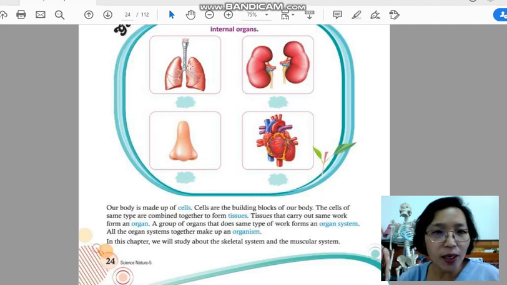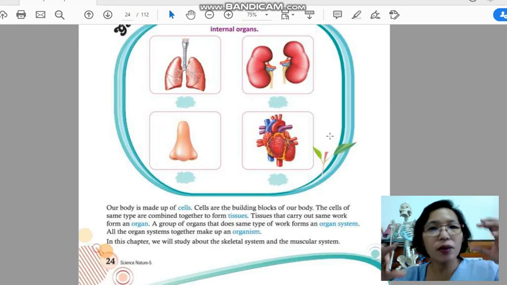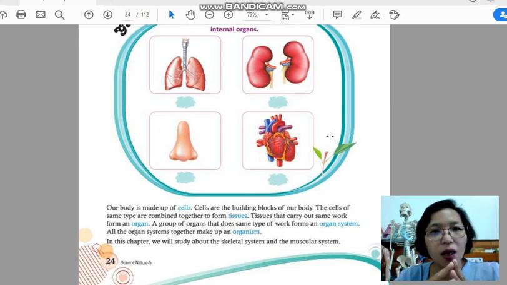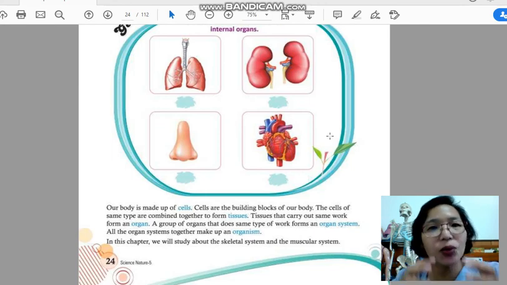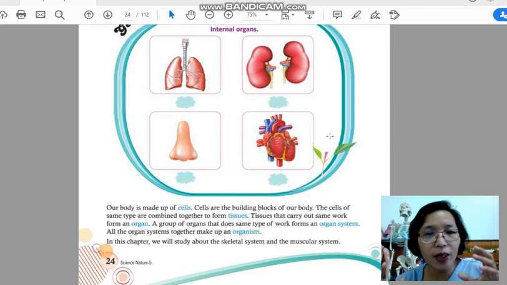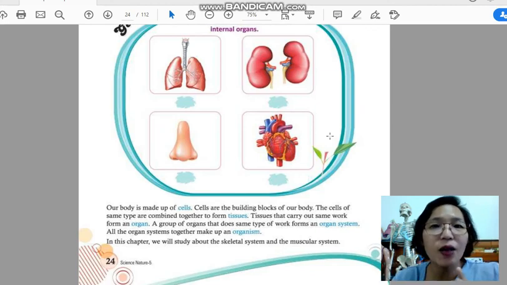The lung and the heart work together to make up the circulatory system. They create the circulatory system from organs cooperating together.